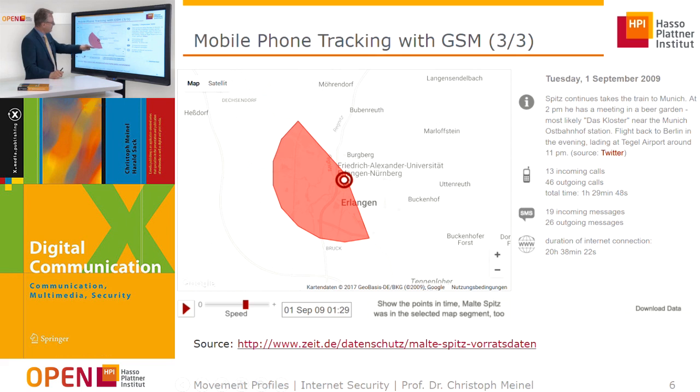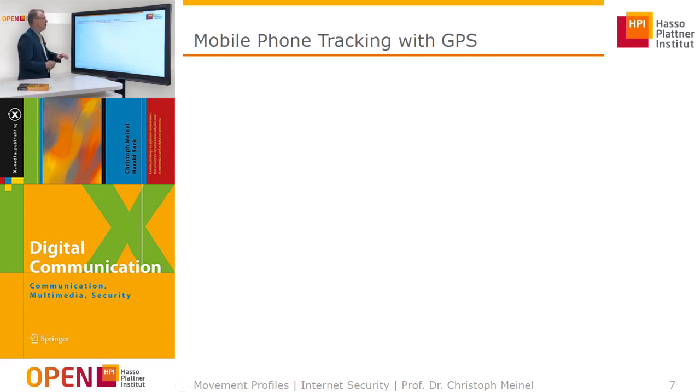One can exactly see and reconstruct that on 1st September, at 9 o'clock, 1 minute 29 seconds, this person, Malte Spitz, was in that area. Only from tracking the mobile phone with GSM.